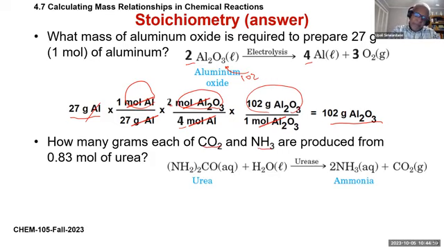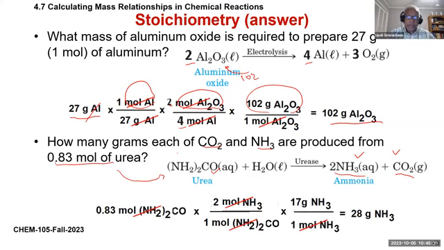That's urea with water producing ammonia and carbon dioxide. The question is, how many grams of each are produced from that many moles of urea? So this is an easy question. You don't have to calculate moles.